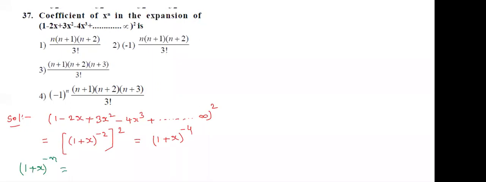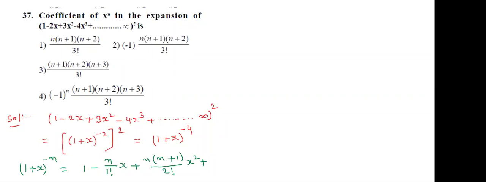That is 1 minus n by 1 factorial into x plus n into n plus 1, or n minus 1? The power is negative, so here we get positive. The difference, remember it. n into n plus 1 by 2 factorial into x square.